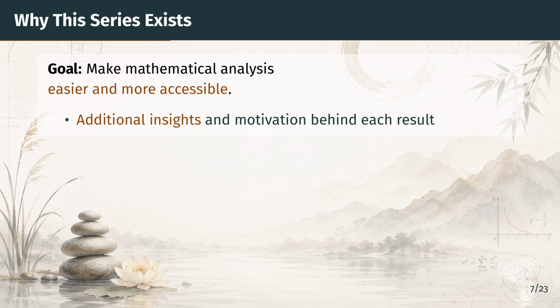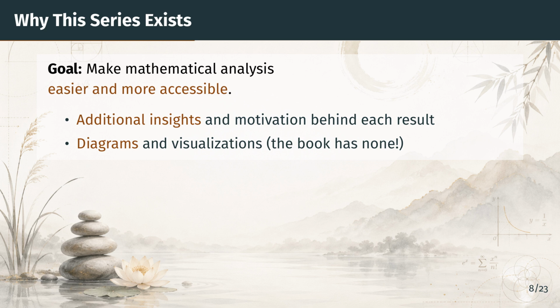To do this, each slide comes with additional insights and motivation. We try to explain why a definition is made the way it is, what problem a theorem is really solving, and why a proof takes the particular shape it does. These are the kinds of things an experienced mathematician knows, but that are not always written down in the book.